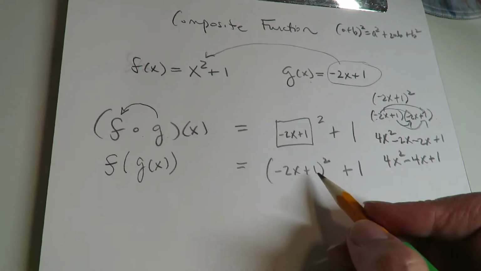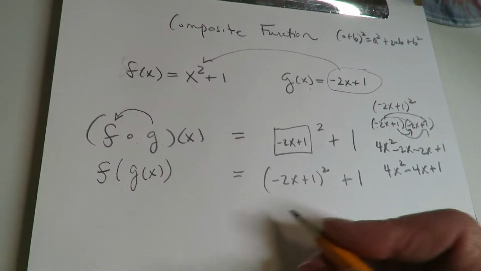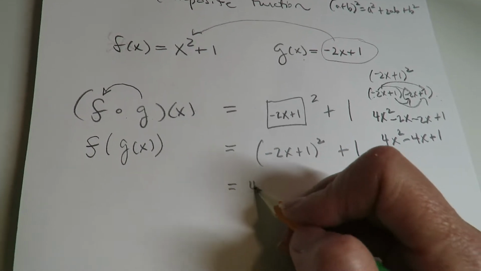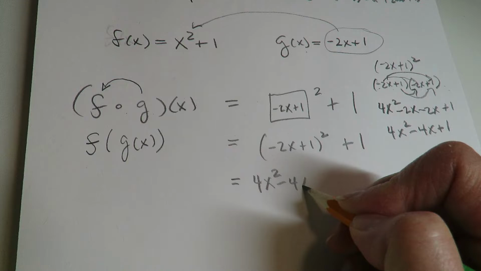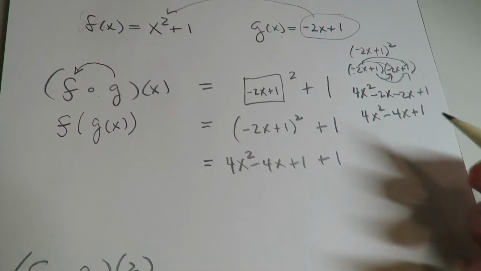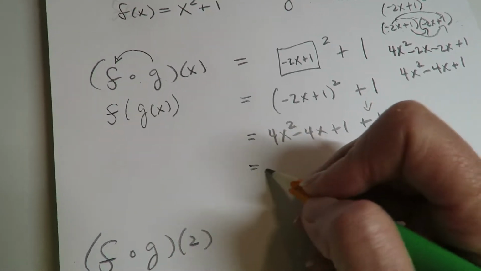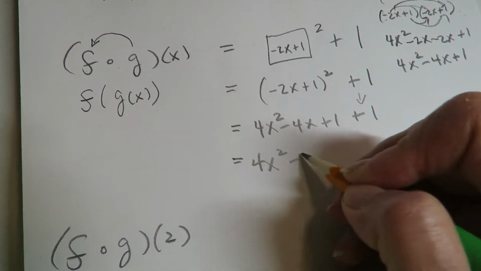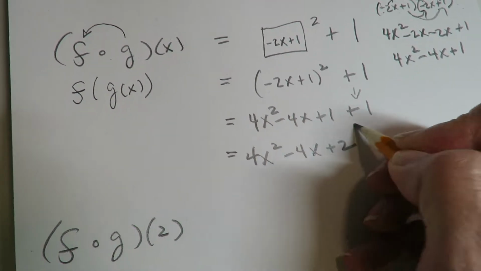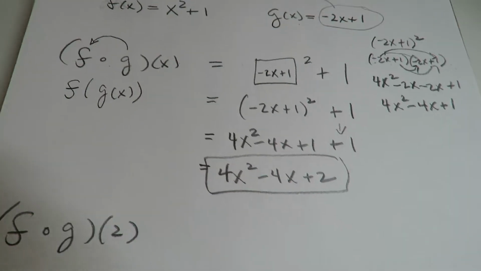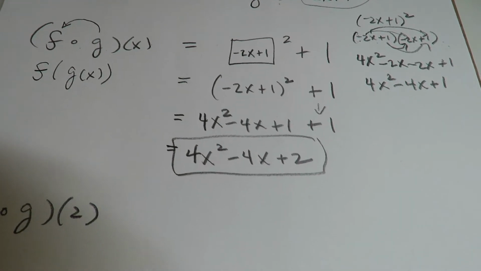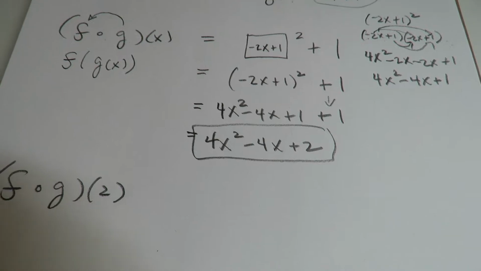So first term squared, twice the middle, last term squared. Don't forget to pull down this plus 1 at the end, and then combine like terms. Okay, so that would be f composite g, 4x squared minus 4x plus 2.